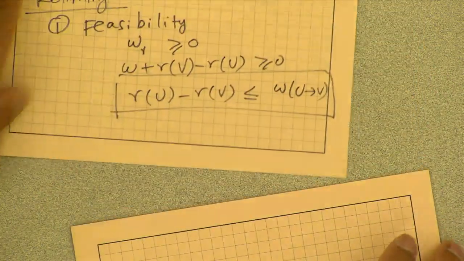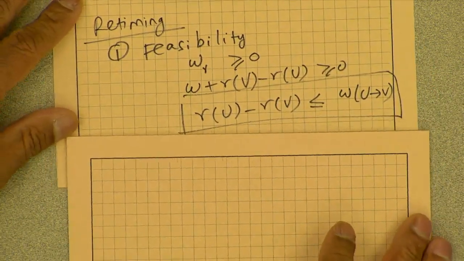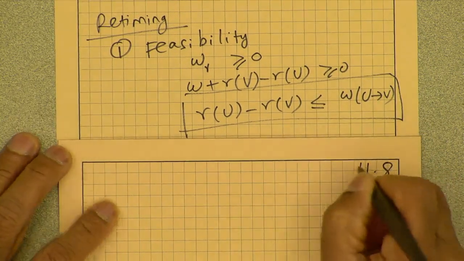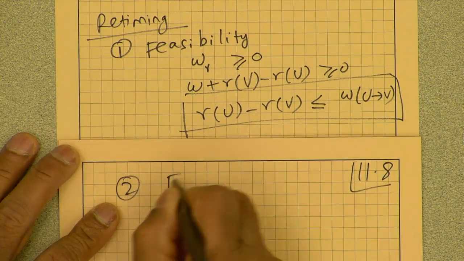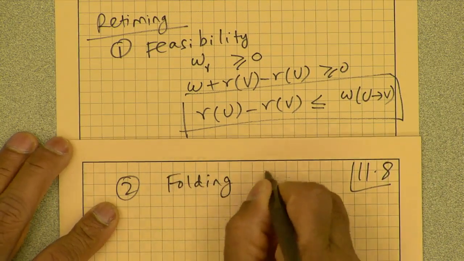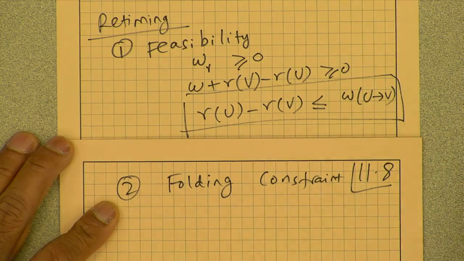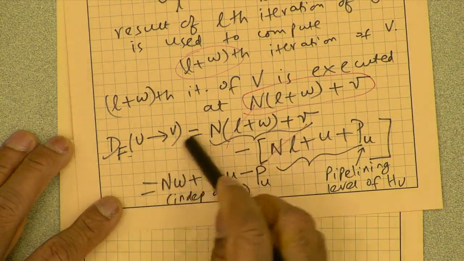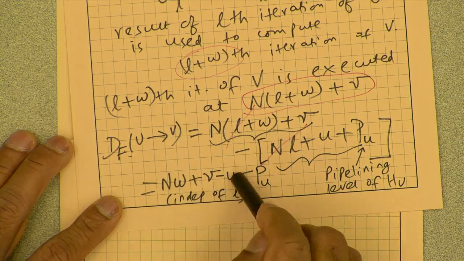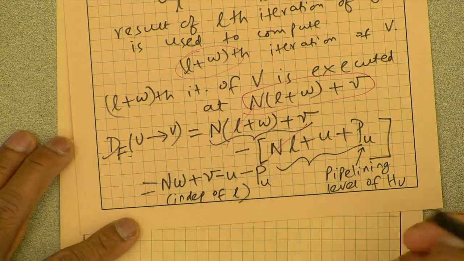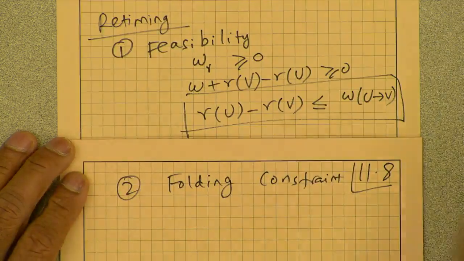So the so-called folding constraint basically says that the number of delays after retiming should be greater than or equal to 0.